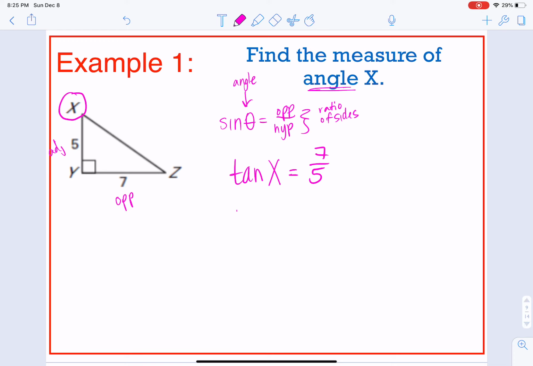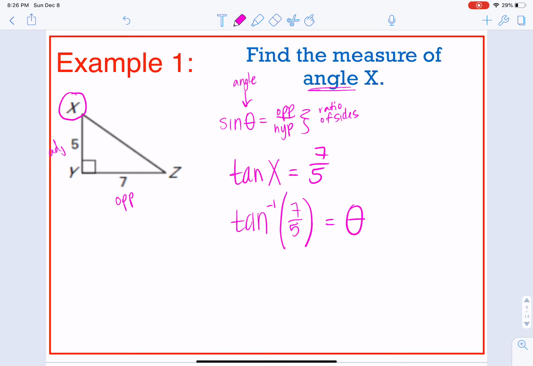So I can say tan inverse; inverse is going backwards, so instead of plugging an angle measure into my trig functions, I want to go backwards and plug in the ratio of the side lengths so that it then outputs an angle for me.